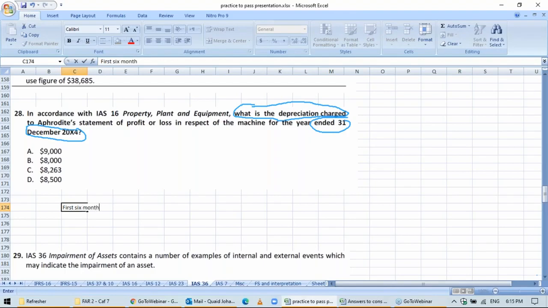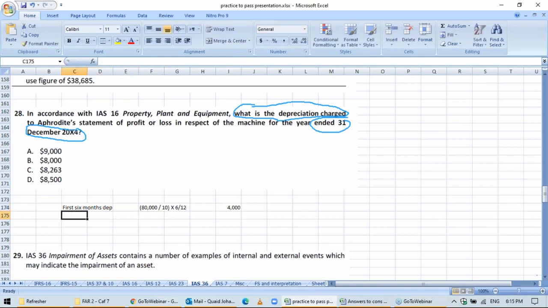So first 6 months depreciation is going to be calculated on 80,000, as in the first 6 months the revaluation was not conducted. So take the depreciation for 6 months, which will be 4,000.